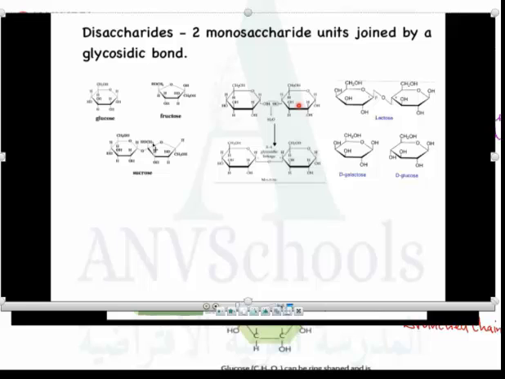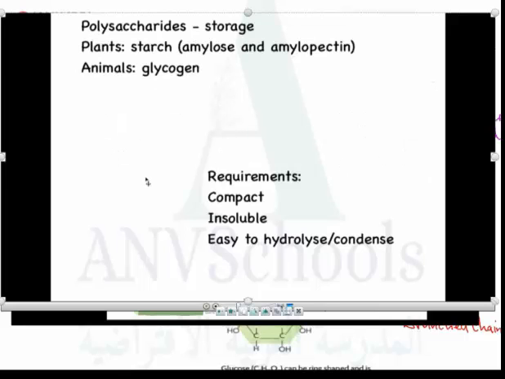So two monosaccharide units joined by a glycosidic bond: glucose, fructose, sucrose, and so forth. It is also easy to continue joining them so that we can form polysaccharides, which are storage molecules that are normally produced by plants.